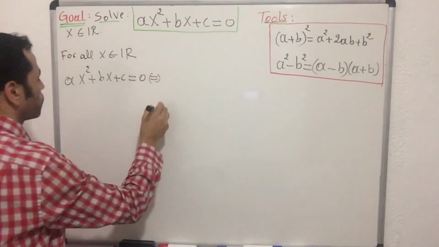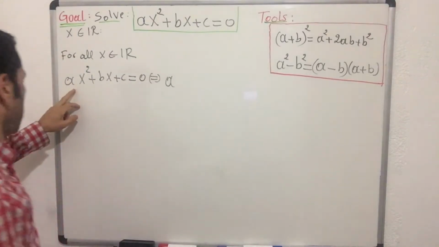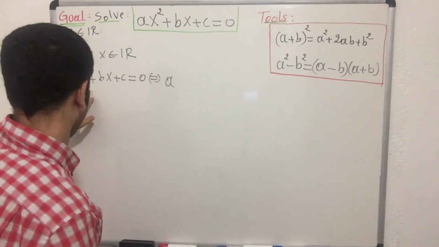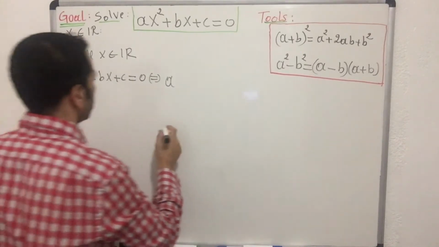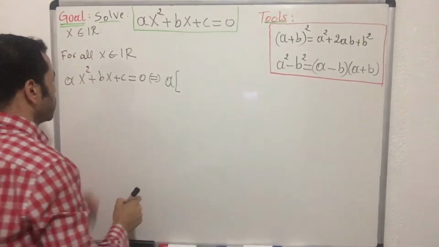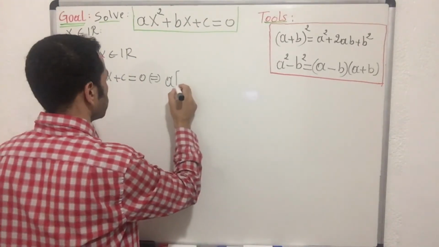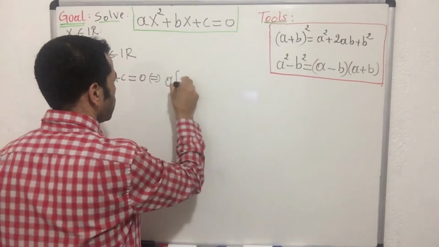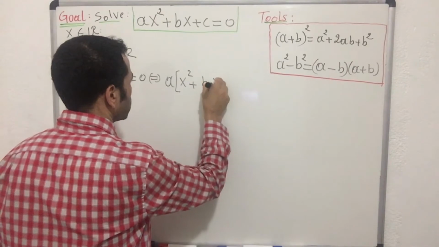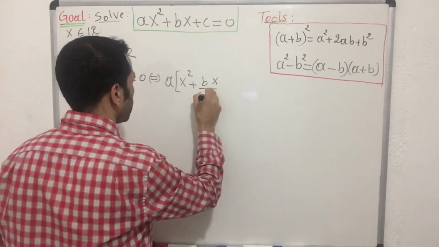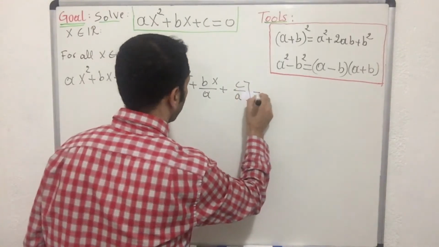It's equivalent to this: let's take a outside as a multiplier of this equation. Let's take this a outside of the whole thing.